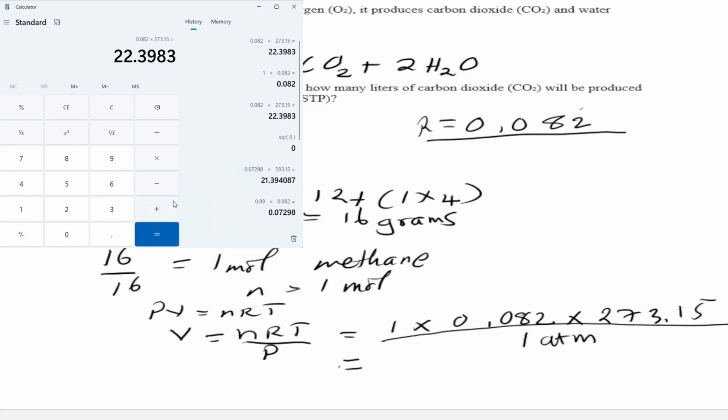So this will give us 22.39, which is approximately 22.4. This one is cubic decimeters or just liters. Okay, so approximately, that's 22.4 liters or cubic decimeters.